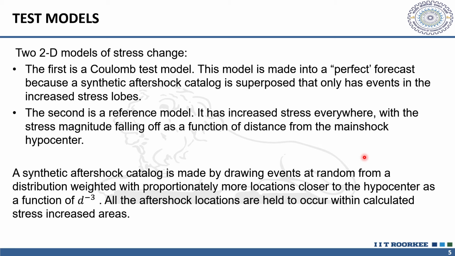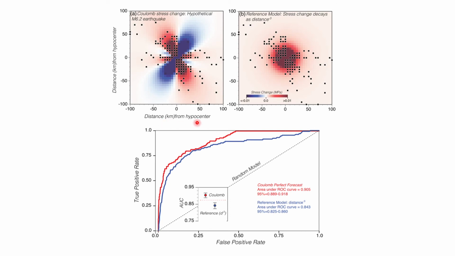In this paper, two 2D models of stress change are developed for the purpose of identifying which characteristic the ROC tests are more sensitive to. The first one is a Coulomb model that forecasts area of aftershock where stress is positive, that is these red zones, and no aftershock where the stress change is negative, that is these blue lobes.